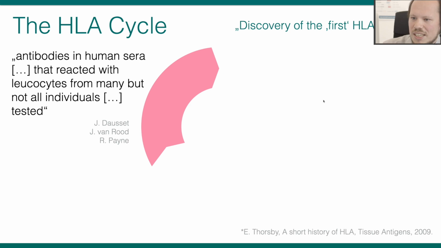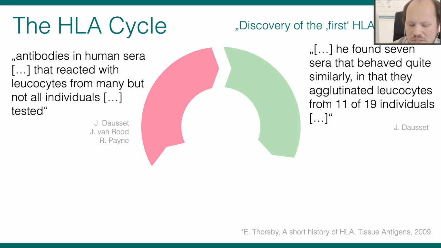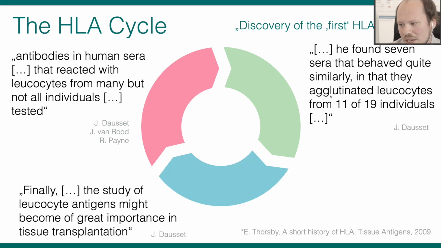So basically you saw there's some sort of pattern of the reaction of antibodies. And this discovery was a great deal, it was very clear that this is very important for tissue transplantation and organ transplantation.